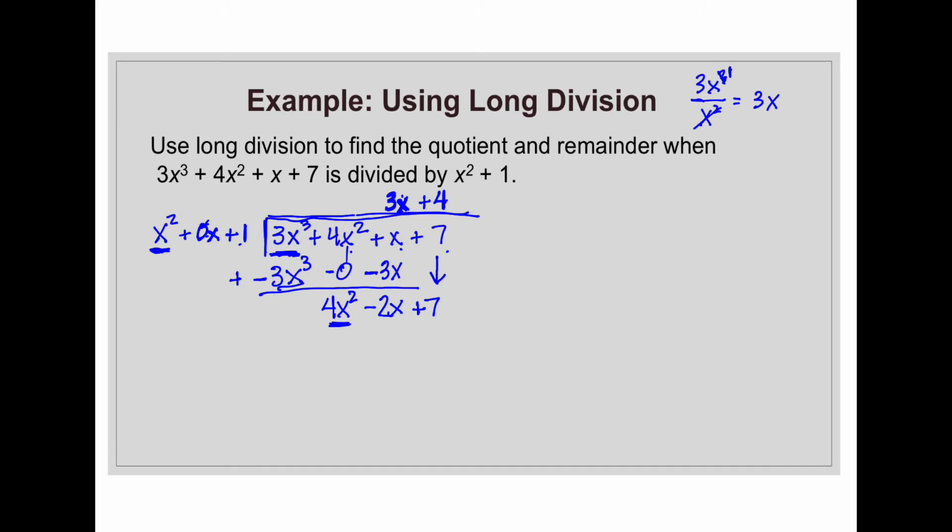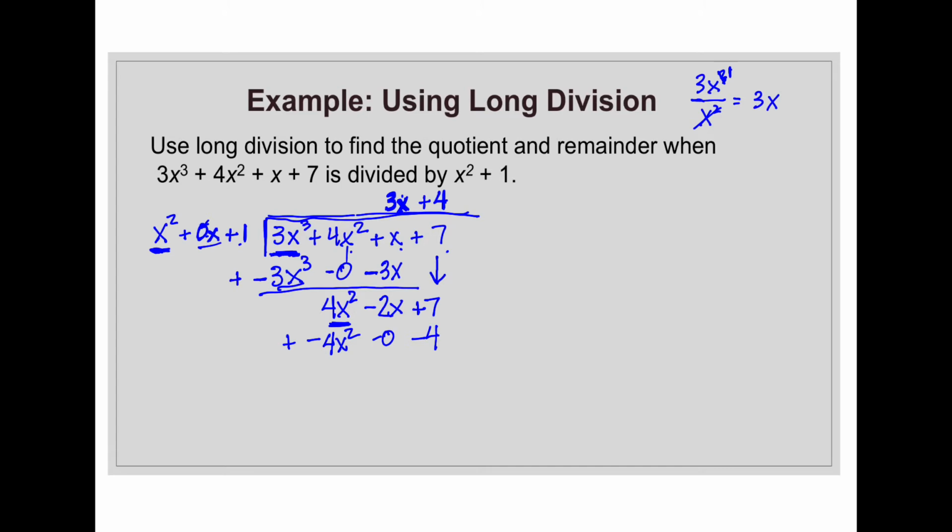And now we're going to go through and do the same thing. 4 times 1 gives me 4. 4 times 0x, well, that gives me 0. 4 times x squared, that's 4x squared. We're going to add the opposite, so I'm going to go through and change the signs. Notice that none of them were negative, so I haven't had to do that yet.